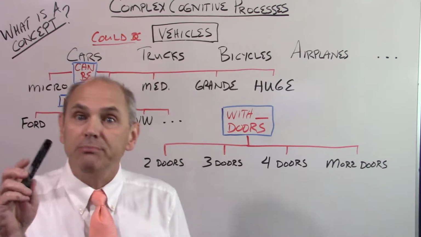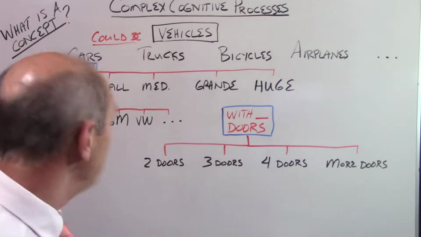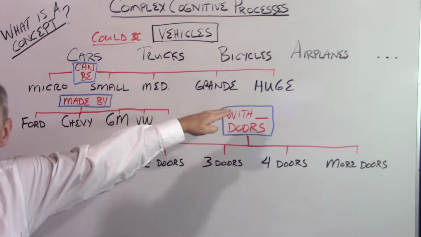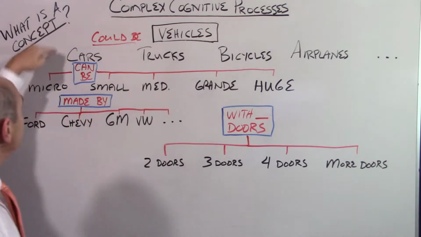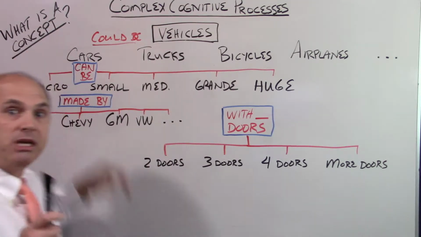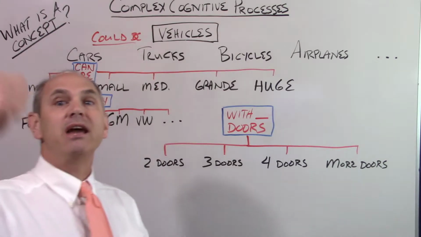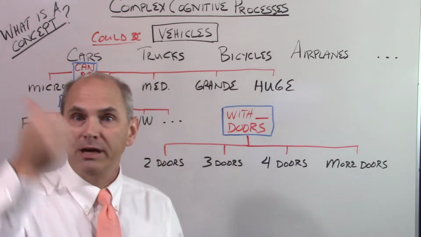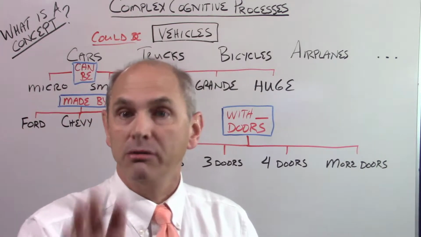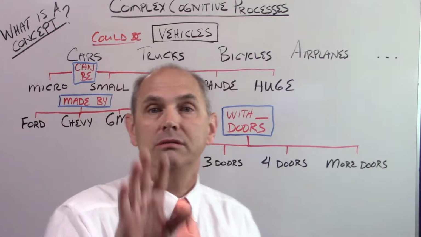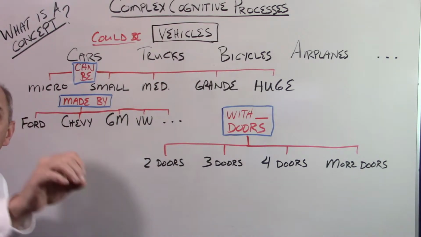Now, is it possible that trucks could be in that same, or these same categories? Sure, it is. But when we define a car as being something that has four wheels and does not have an open bed in the back, and we're not counting an El Camino, I don't know what that is. That was, anyway. So, cars that have common characteristics.